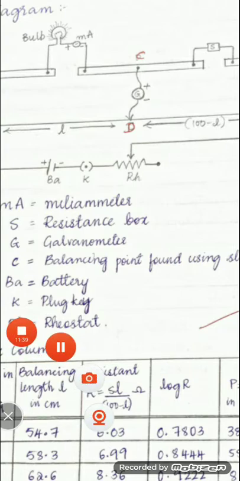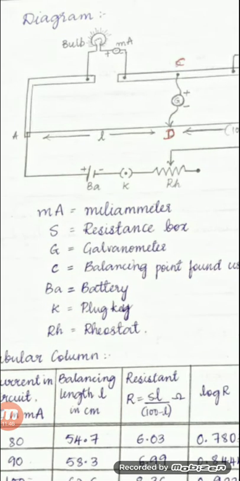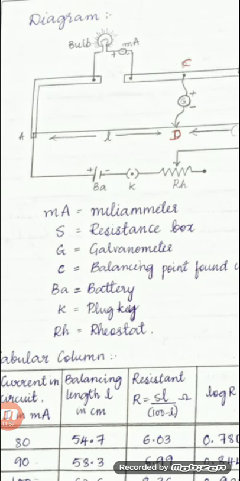When varying the rheostat value gradually, such that the bulb begins to glow, you can see the bulb begins to glow.